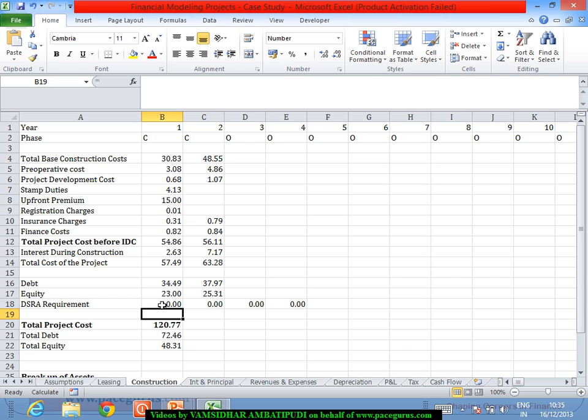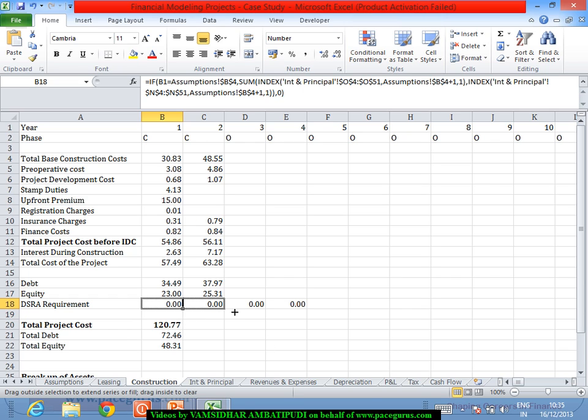First year the DSRA requirement is coming out to be something like this, but still it is working out the same. Why is that so? If B1 equal to assumption B4, which is about the construction year, I am doing an index of interest and principal O column.